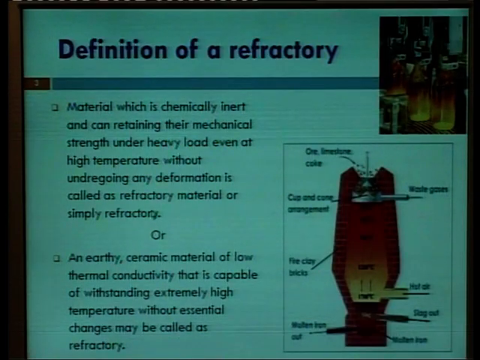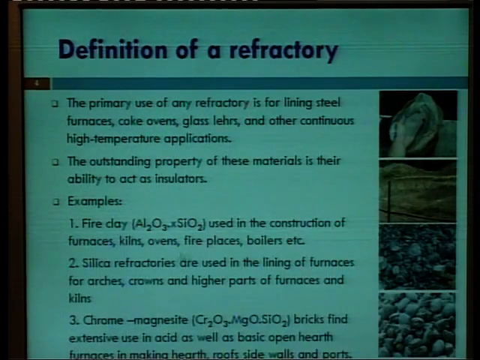That is why we can call such materials refractories. Examples I have already told you: fire clay, silica refractories, chrome and magnesite refractories. Chromite is an ore of chromium and magnesite is an ore of magnesium, and these are oxide ores along with the silicates.